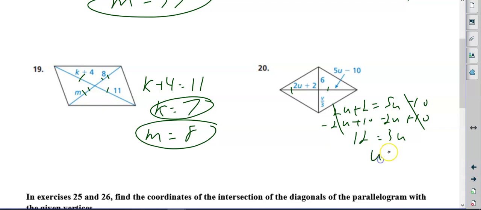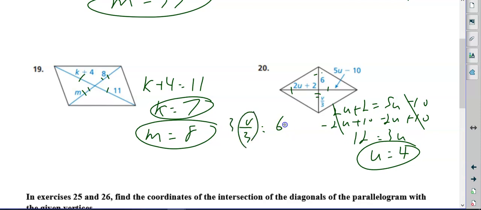And divide by 3, u is 4. And then over here, these are equal. So I think that's a v. So v over 3 equals 6. And you get rid of the 3 on the bottom. So v is 18. Because 18 divided by 3 is 6.